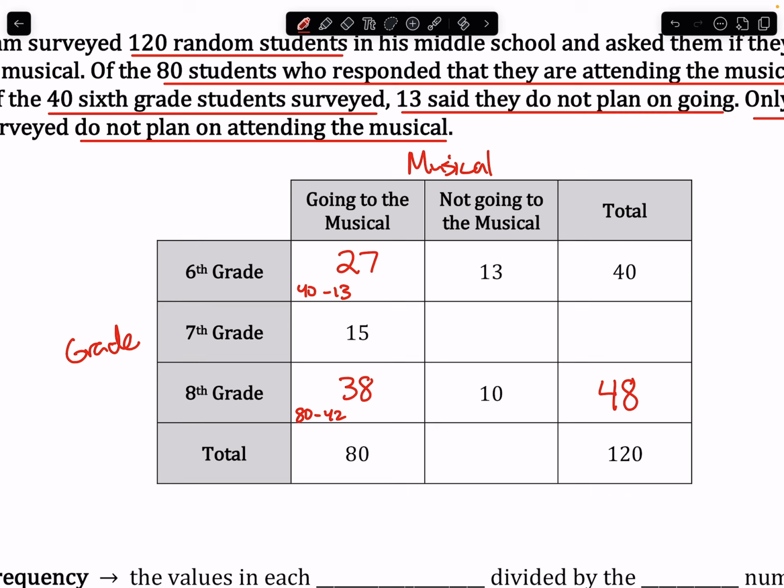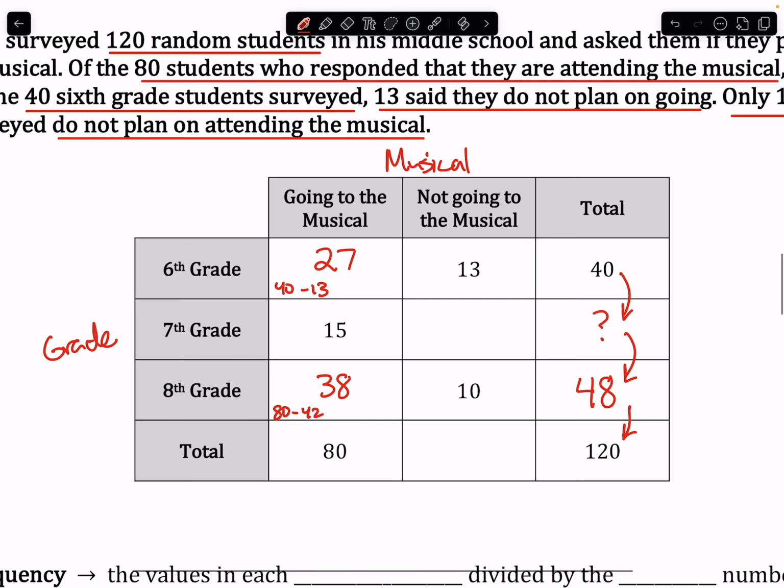Now we have enough information to figure out how many total 7th graders there are. So we have 40 plus question mark plus 48 gives us 120. If we add the 6th and 8th grade together, that gives us a total of 88. And so our question mark here, our 7th graders, becomes 120, our total, minus 88 from the other two classes, which gives us a total of 32.